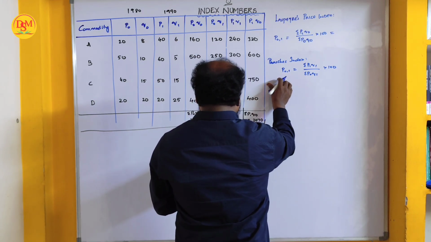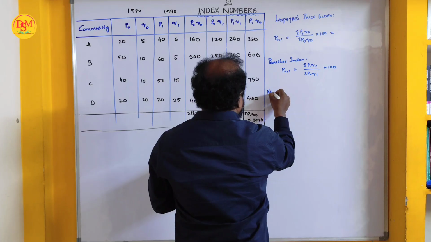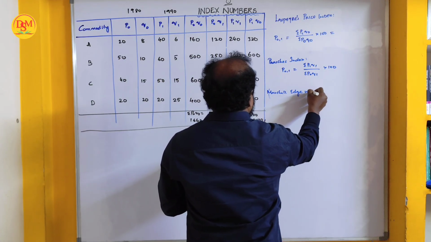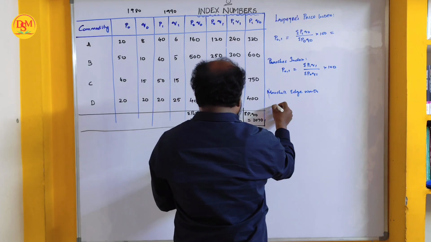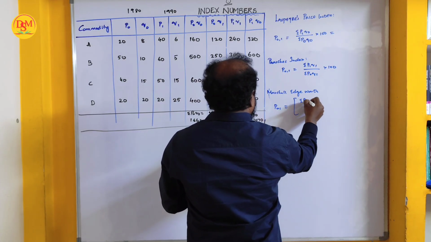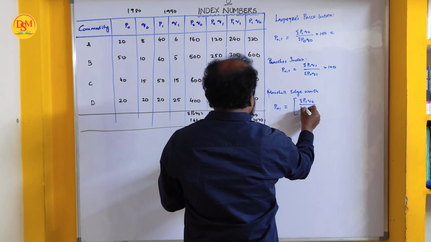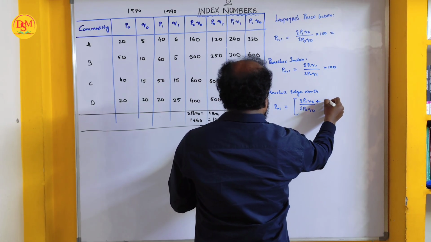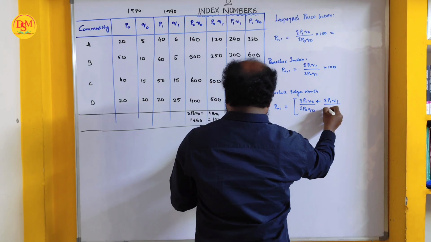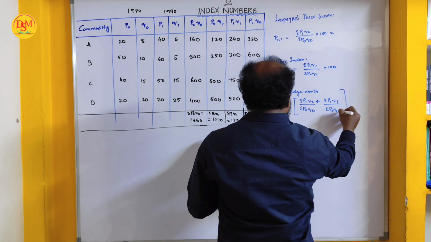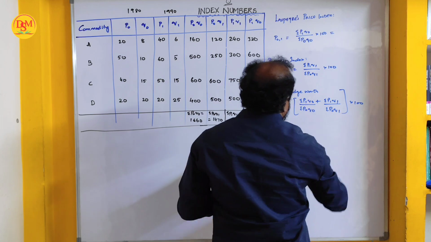Next, the Marshall Edgeworth method. For Marshall Edgeworth, the formula is P01 is equal to P1 Q0 plus P1 Q1 by P0 Q0 plus P0 Q1, into 100.